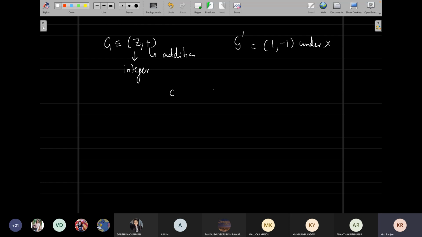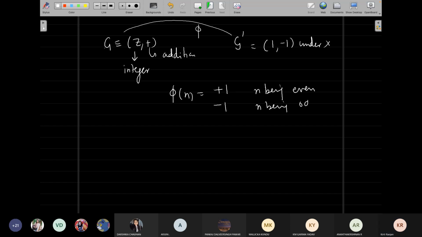And I create a map phi of n, such that elements from group G are mapped to elements of G prime, where n is an integer: plus 1 if n is even, and minus 1 if n is odd. Question: is phi a group homomorphism?